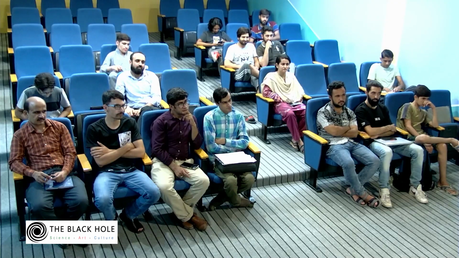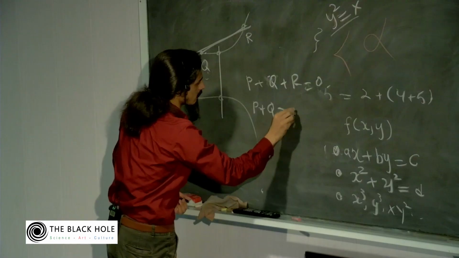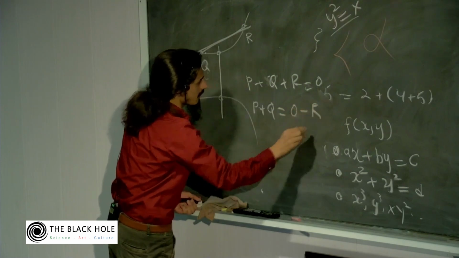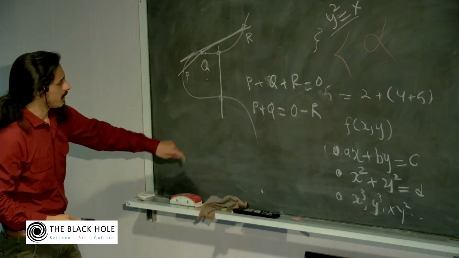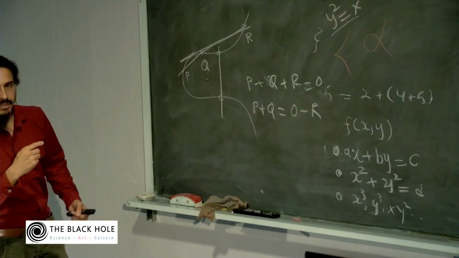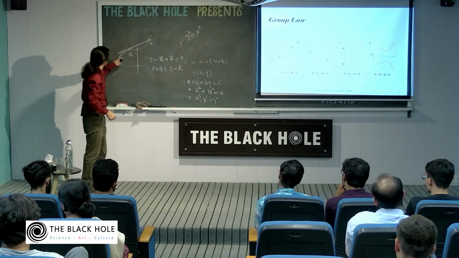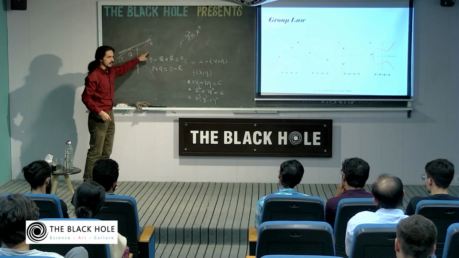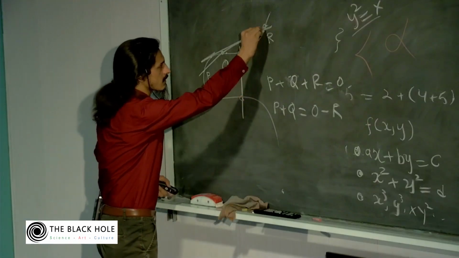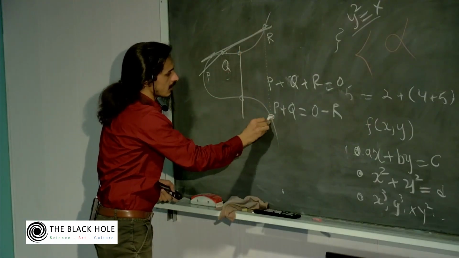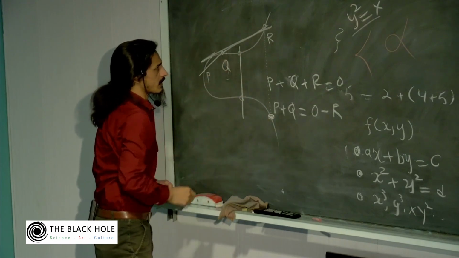We can rewrite this equation in this form: P plus Q is equal to 0 minus R. And we see that we are doing a geometric operation of drawing a line on a curve to get 2 points connected to give us a third point, but the third point is actually reflected to get the actual sum of these 2 points. Okay.